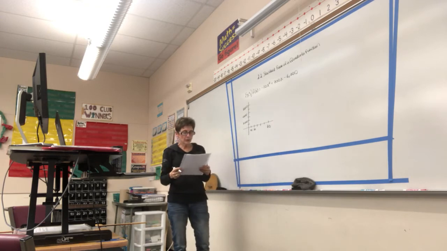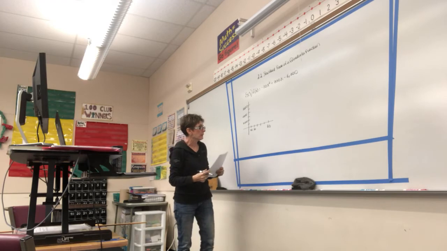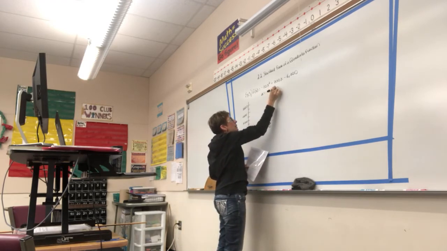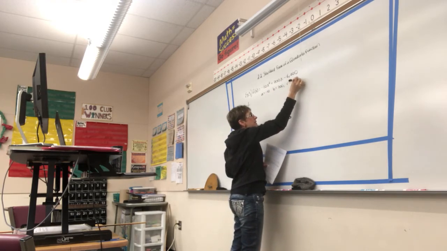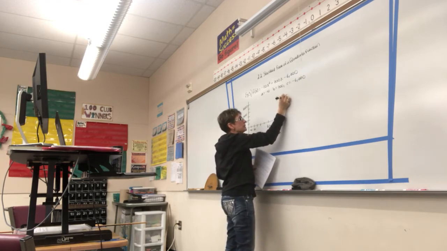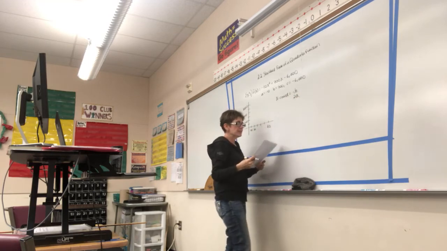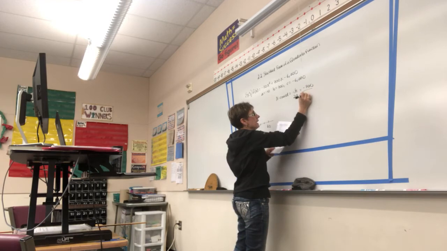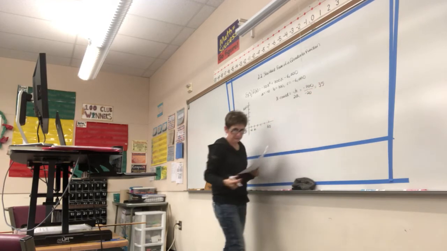Now, let's take a look at the x-coordinate of our vertex. We know that A is -10, B is 700, and C is -6,000. To find the x-coordinate, I'm going to take -B over 2A, which is -700 over -20, which works out to be 35.